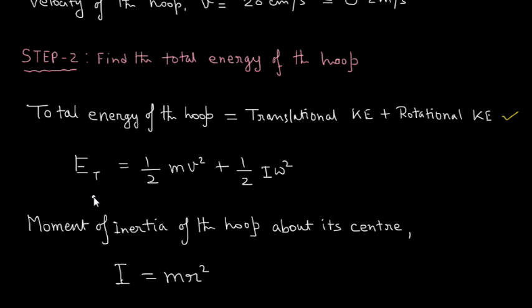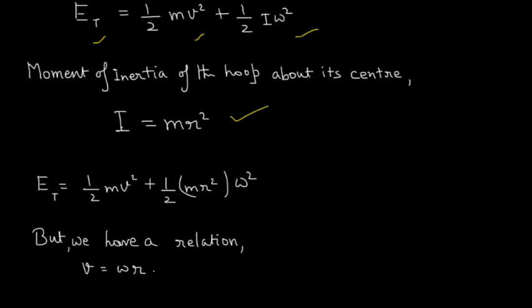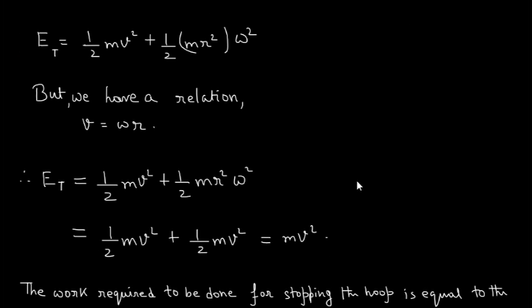So E total is equal to half mv square plus half I omega square. Moment of inertia of the hoop I is equal to mr square. So putting this value in the equation, we get E total is equal to half mv square plus half mr square omega square. But we have a relation v is equal to omega r.